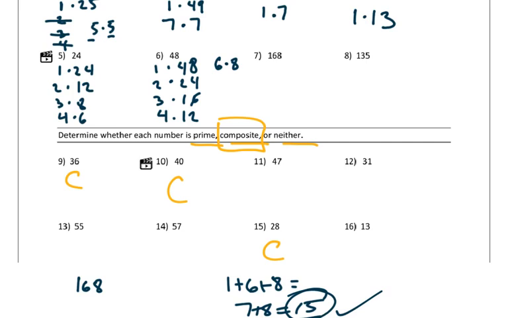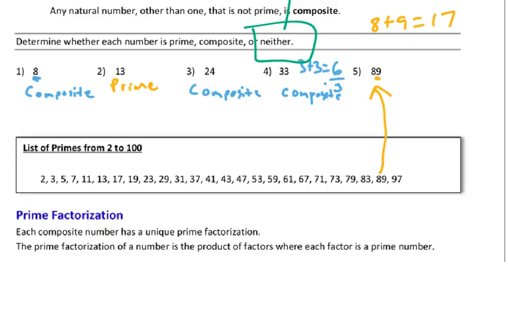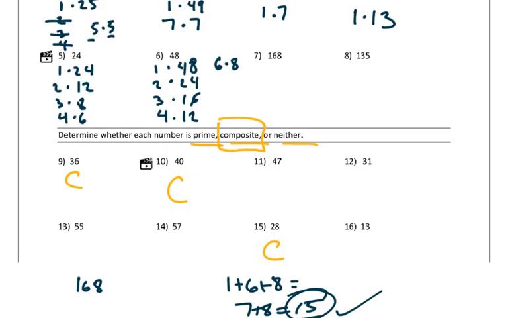So I've exhausted my divisibility rules. If I really want to check, I'll go through and do every single value, but I'm going to be a little lazy here and say, hey, look, 47's right there. So 47 is prime. Using your divisibility rules doesn't guarantee that the number is prime, but it does give you a higher chance of that being the case.